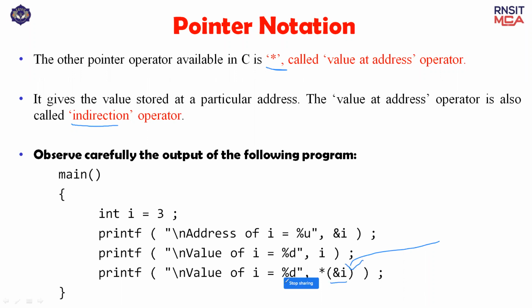So in this example it is very clear that a normal variable, by default, implicitly also has a pointer.